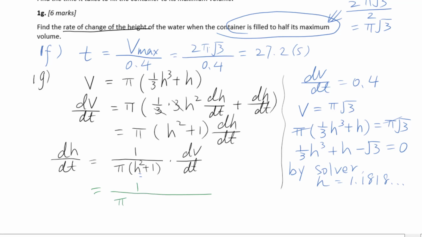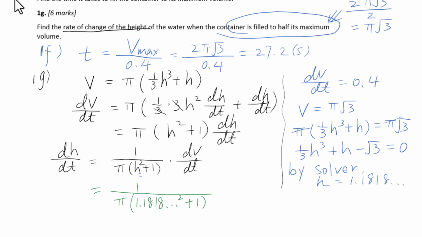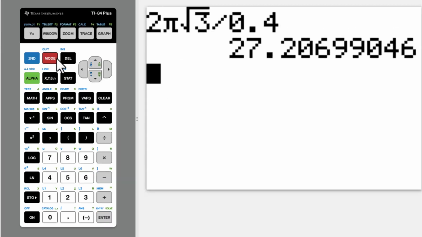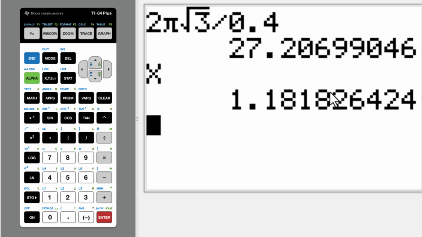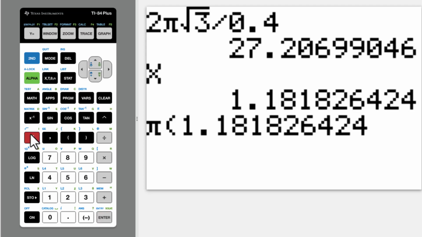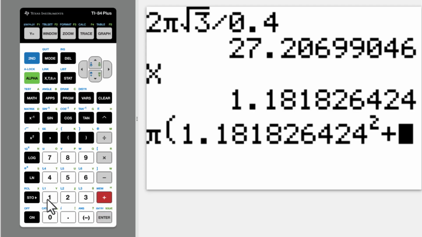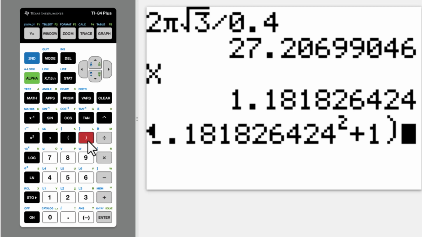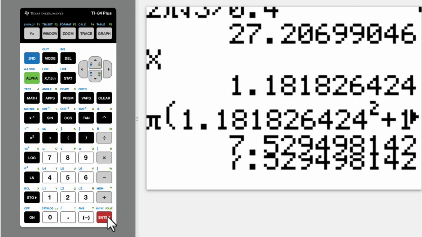Then we do the substitution. 1 over pi times 1.1818 squared plus 1, times 0.4. Quit. Then press X, enter. We will get this X, pi times this square plus 1, enter.